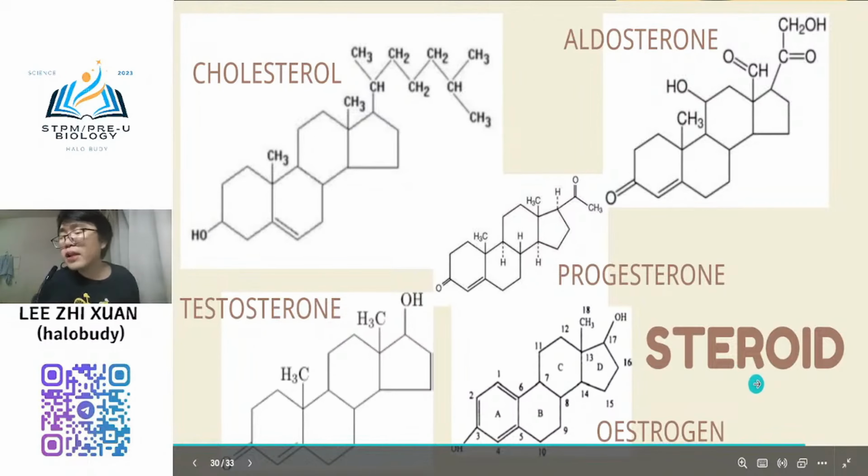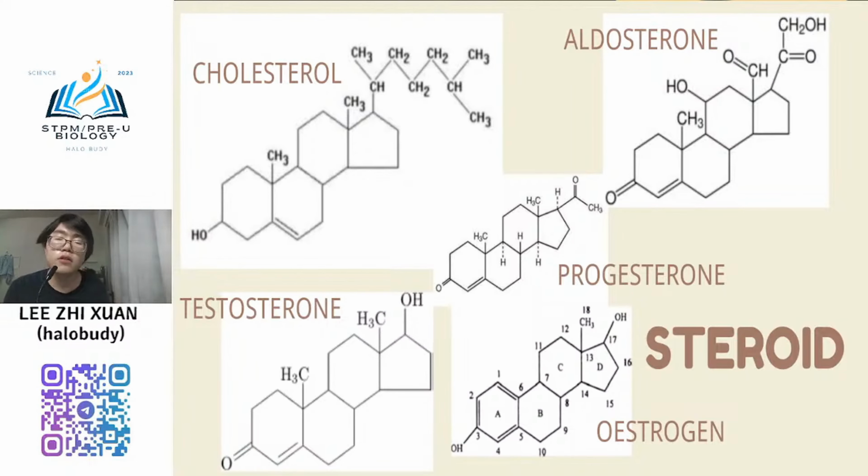So normally if you go to the hospital, for some diseases, the doctor will tell you, or when your immune system is weak, they will inject steroid to you. So what is steroid? Normally steroid is the fused ring structure of the lipid. There are many examples of steroids. These are 5 common examples that we normally see in our life.